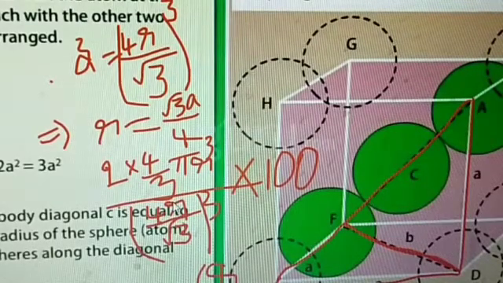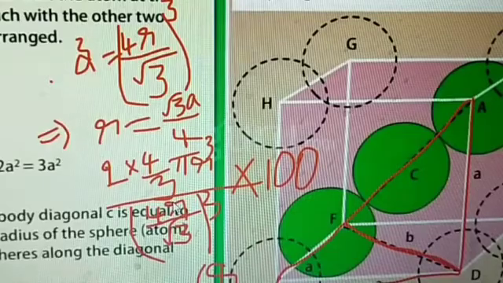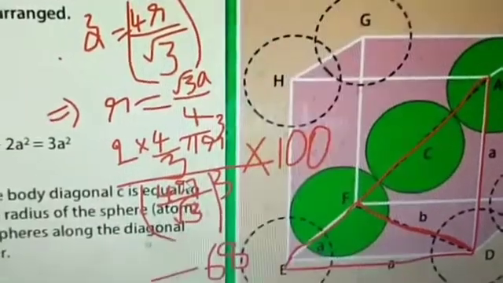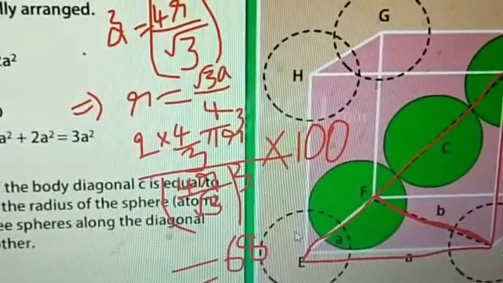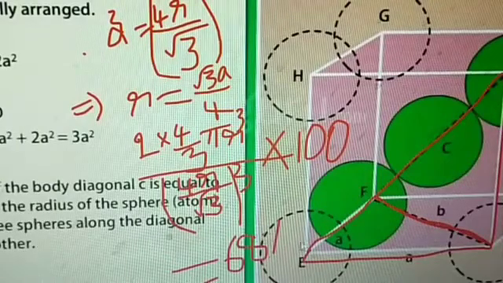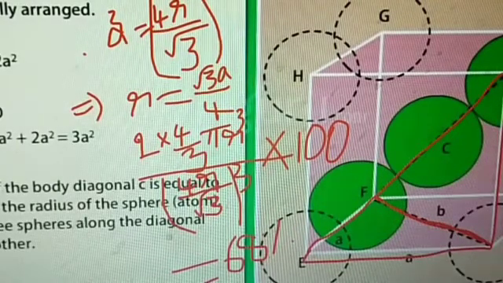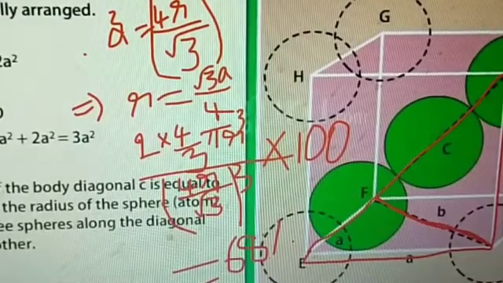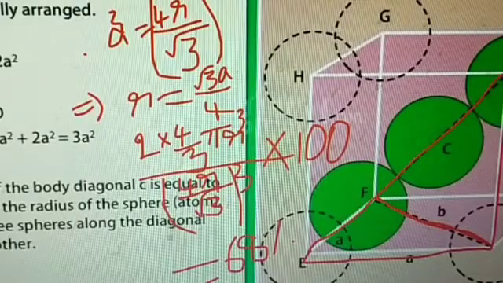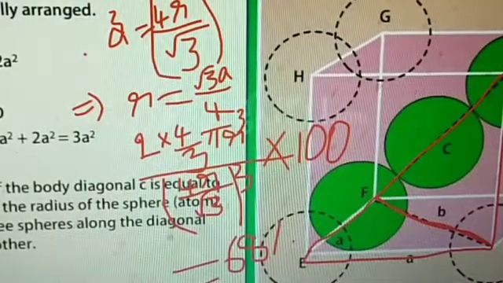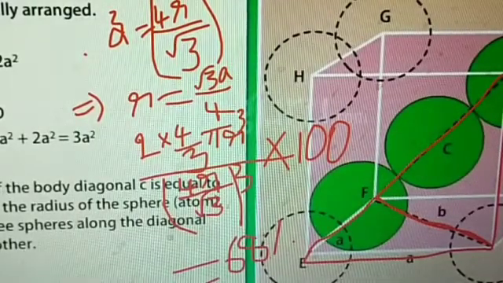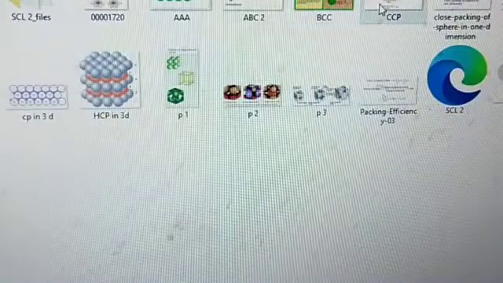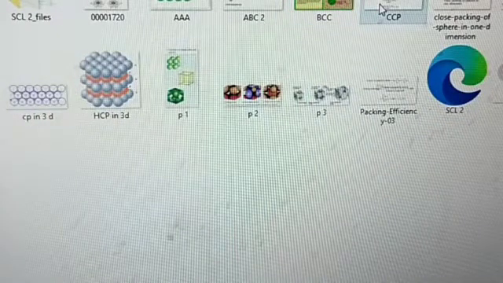So the amount of space occupied by the constituent particles in body centered cubic is a total of 68%. Okay, so this is the packing efficiency of body centered cubic structures. Next, we are going to discuss the packing efficiency in CCP structures.